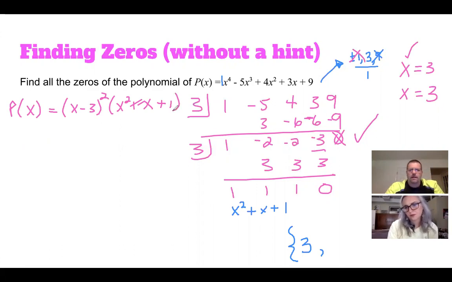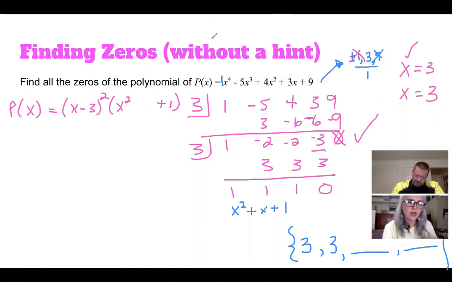I don't think that's going to factor. I could try synthetic division with 1 on it, but we know it's not going to work because we just looked at the graph and it didn't cross or touch at 1.